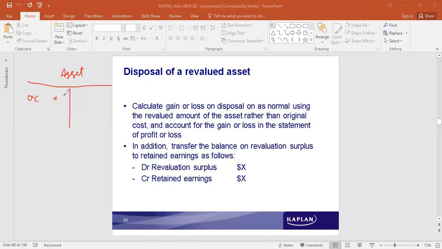On disposal, the original cost is there on the debit side, that's the beginning balance of the asset. Then take the accumulated depreciation, whatever got accumulated till the date of disposal, and deduct it. The difference between these two is the value that should be realized.